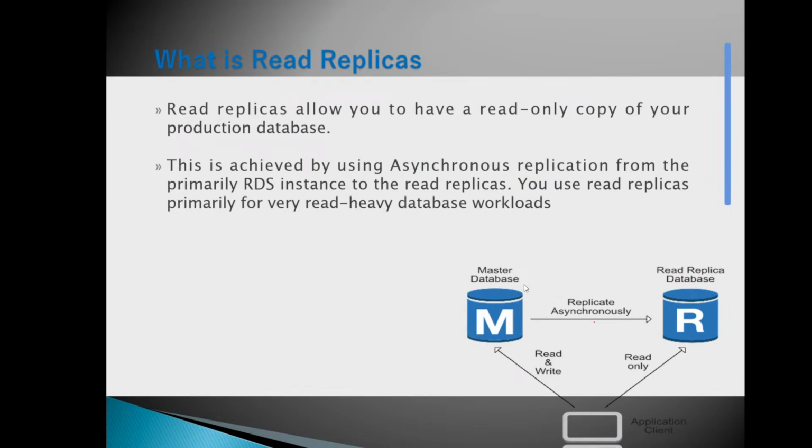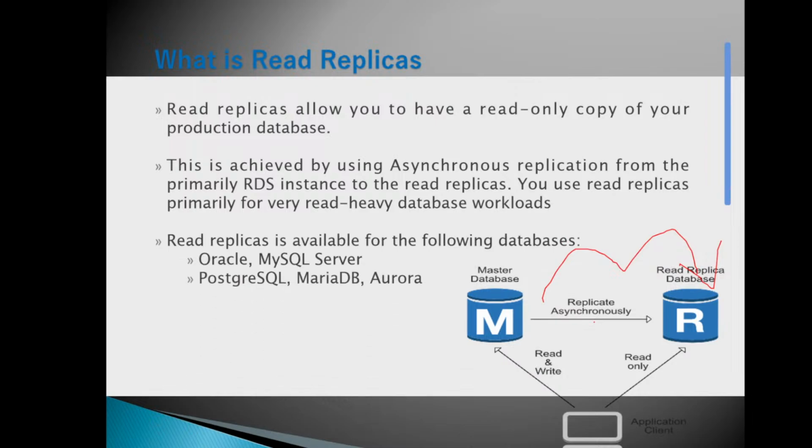Your master database is there, your replica is there, and if you make any changes in master, it might take a couple of seconds, from a millisecond to a couple of seconds, to replicate. That is called asynchronous. It's not immediate, but a 1 second or 2 second delay will be there. It is still an exact copy of your master database, but with a little delay.